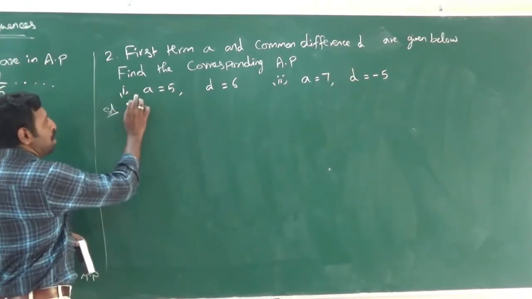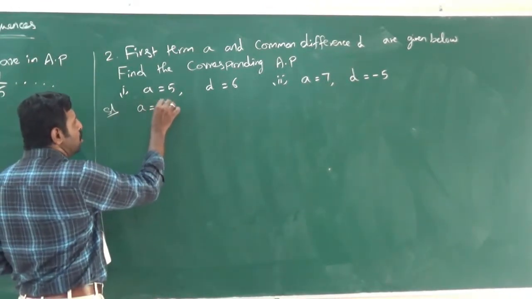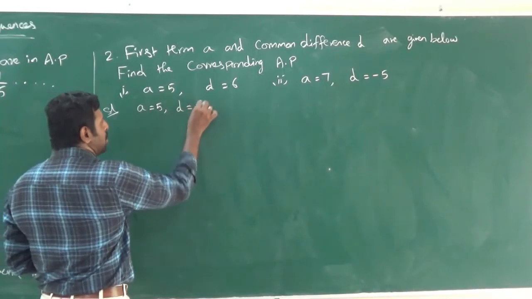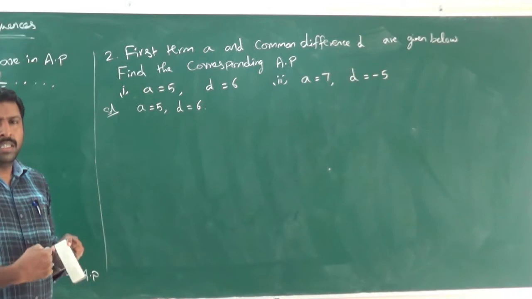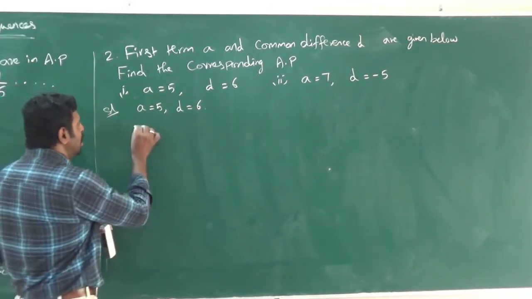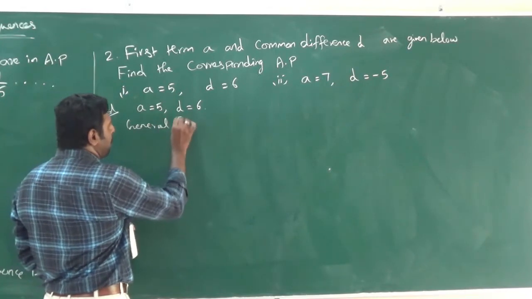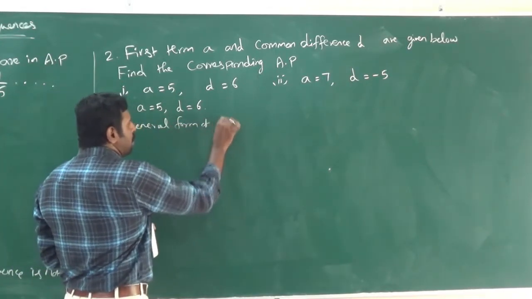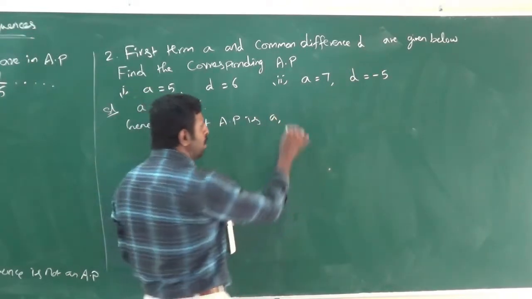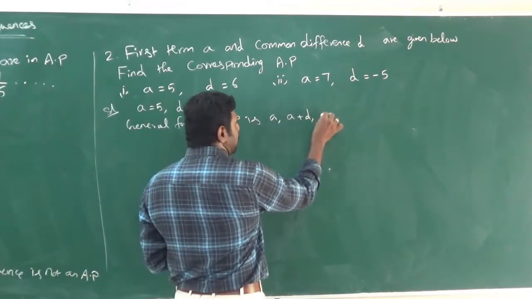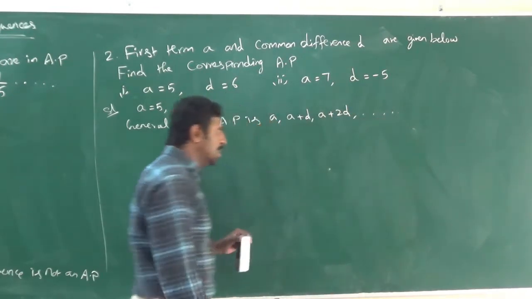I am taking the first Roman number. For the first Roman number, the first term is A is equal to 5, and the common difference is given as 6. We want to form the AP, which has the general form: we know the first term A, second term is A plus D, third term A plus 2D, and it goes on up to the nth term.